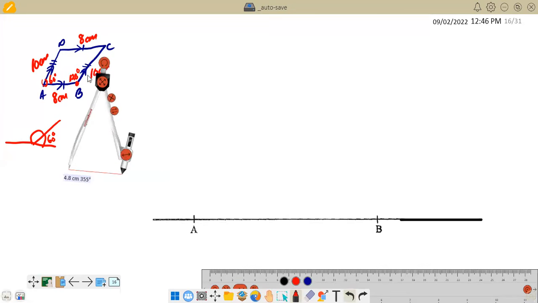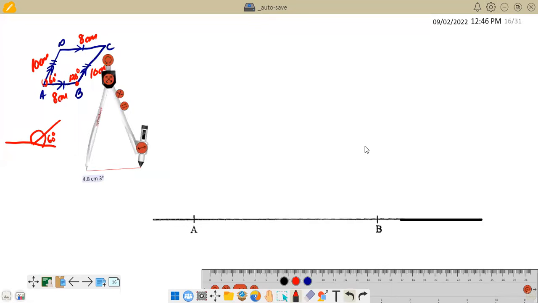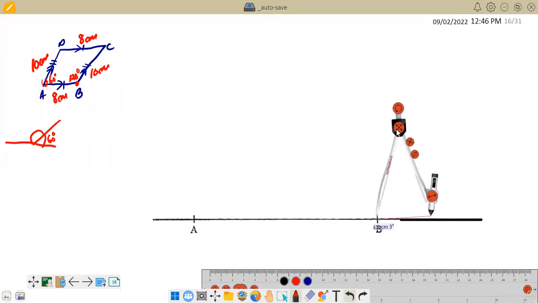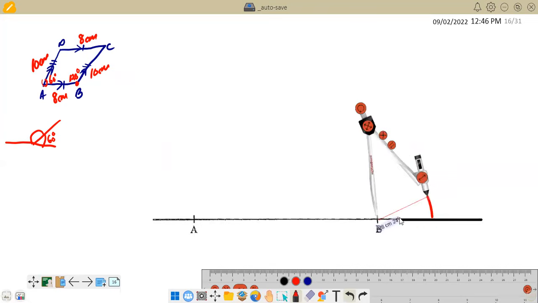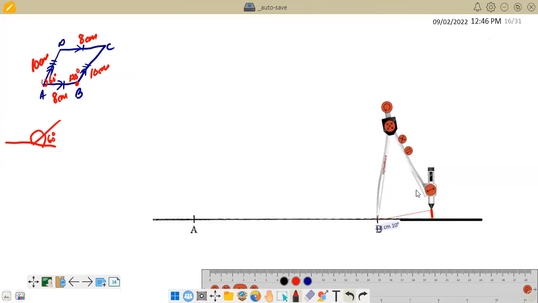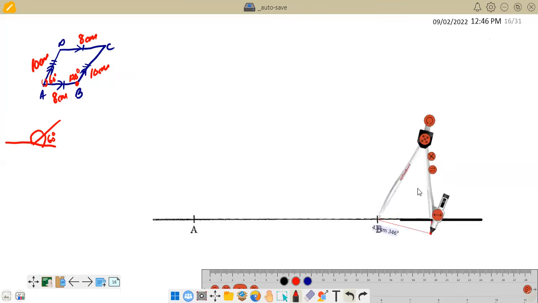At B, let us make sure that the needle point is at point B. So at B, you construct an arc. Remember, you want your 60 degrees to be on the right side, so you construct an arc on the right side. So let's construct our arc here.